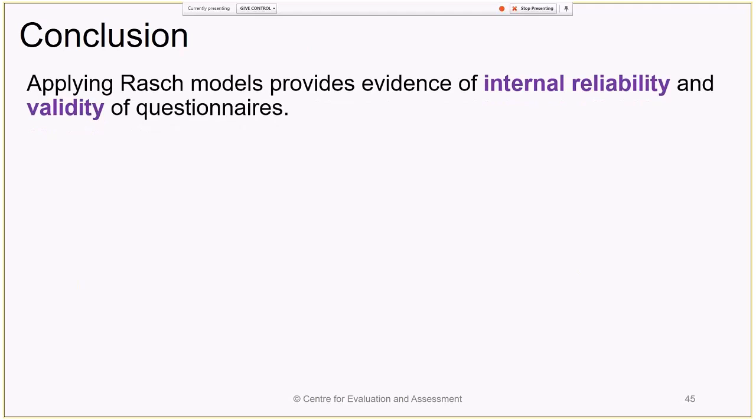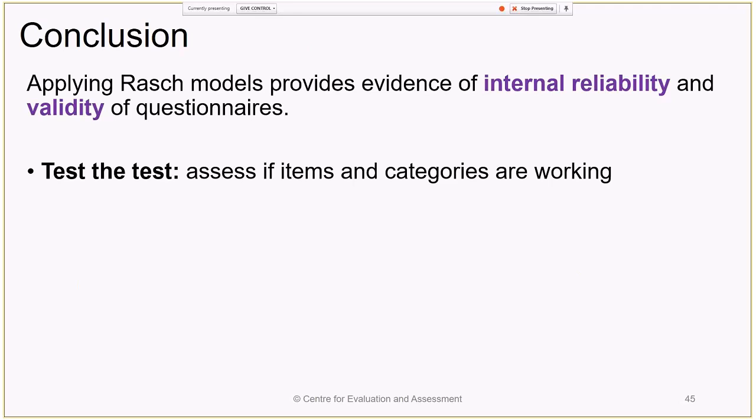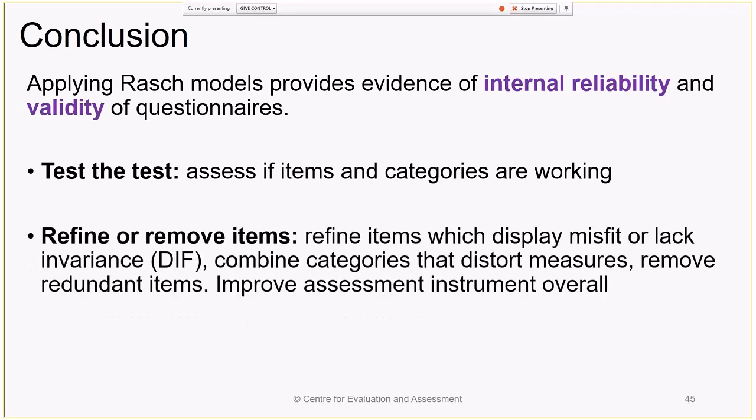So our conclusion: applying Rasch models provides evidence of internal reliability and validity for questionnaires and tests, any instrument. So it's testing the test, basically. Seeing if the items and categories are working. And that gives you the opportunity to refine or remove items. So you need to refine items which display misfit or lack that invariance, that have differential item functioning.